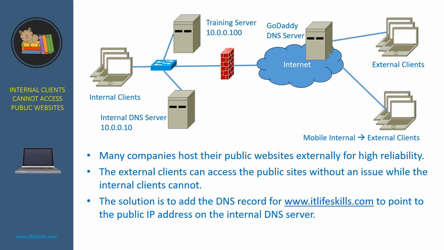Another issue with this setup happens when many companies host their public websites externally for high reliability. So instead of hosting the public website on an internal server, they host it on an external server with a vendor, and the vendor provides the public IP address of their server, and they create the DNS records for the public website to point to the public IP address of the server provided by the vendor.